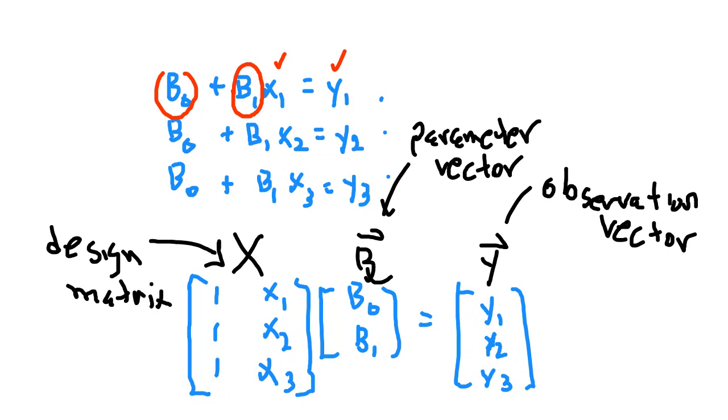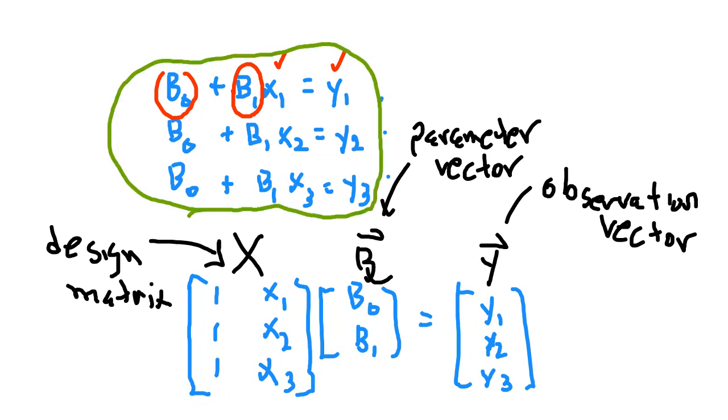Okay. Are we okay going from the system of equations to the matrix equation? This would be if we had 3 data points. Give me a thumbs up if you're okay with that.